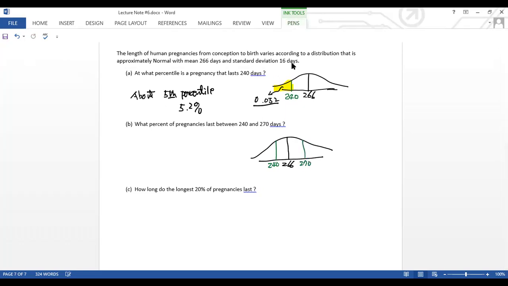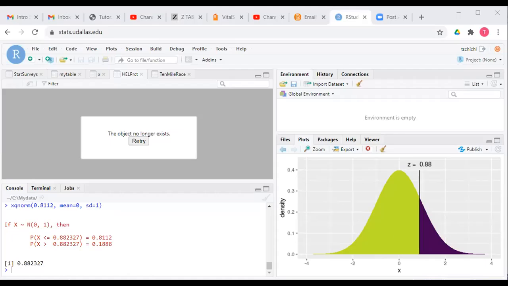Which area am I looking for? I'm looking for this area. That's right, it's in between. Now for this one, let's try to use R and see how we get it. Because we are finding the area, what code do we use? We say XP, right?